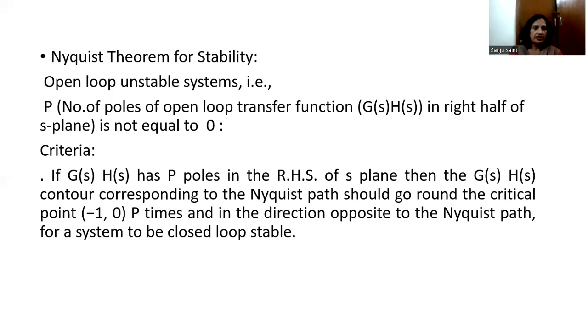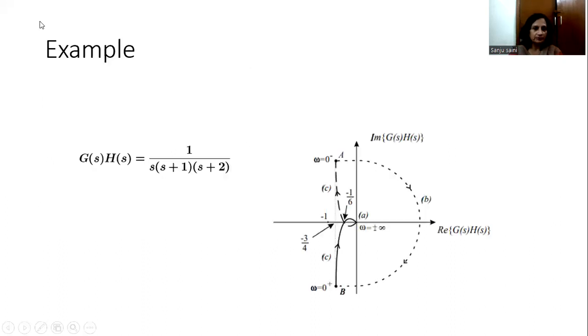It may be the case that the system is open loop stable but not closed loop stable, or that the system is not open loop stable but is closed loop stable. But how to establish that stability? That stability is ascertained with the help of the Nyquist theorem for stability.